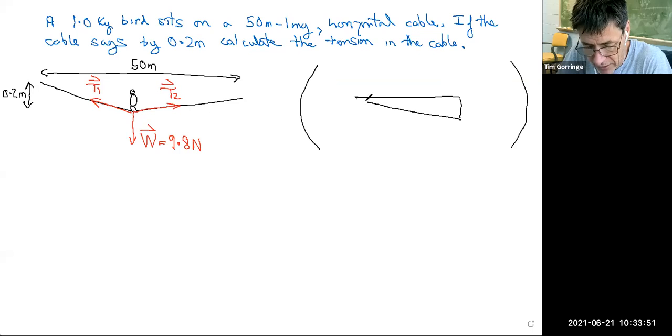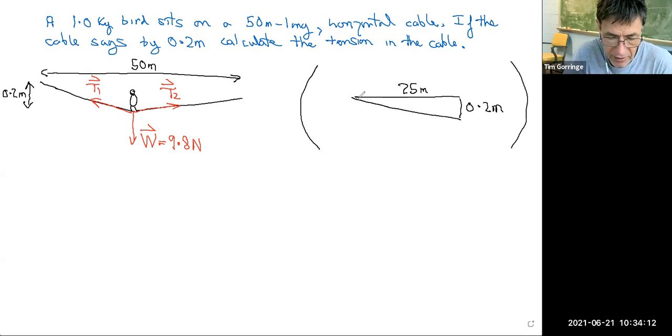It could be the left hand or the right hand half of the cable. So the horizontal is from the cable support on the left to where the bird is standing. That would be half the length of the cable, 25 meters. The vertical is the sag of the cable. That's 0.2 meters. And the hypotenuse, that is the cable itself.